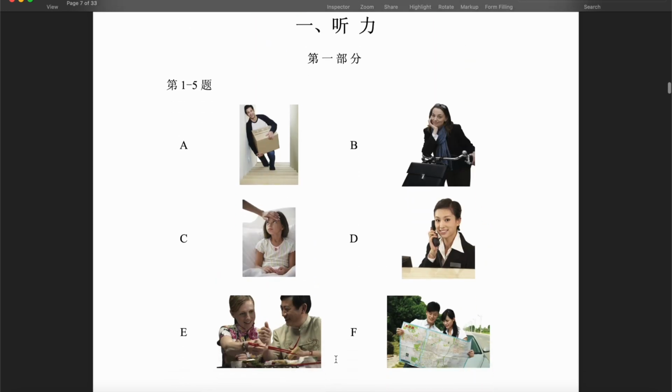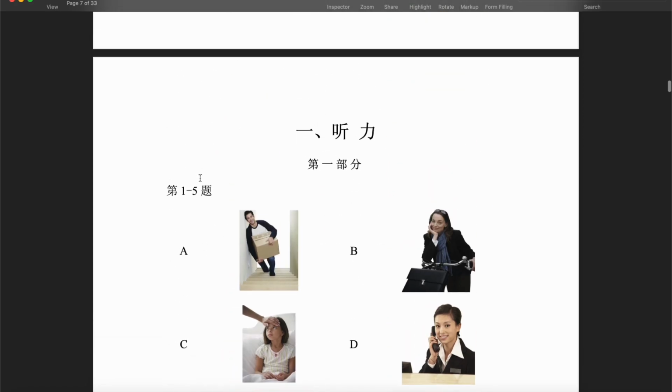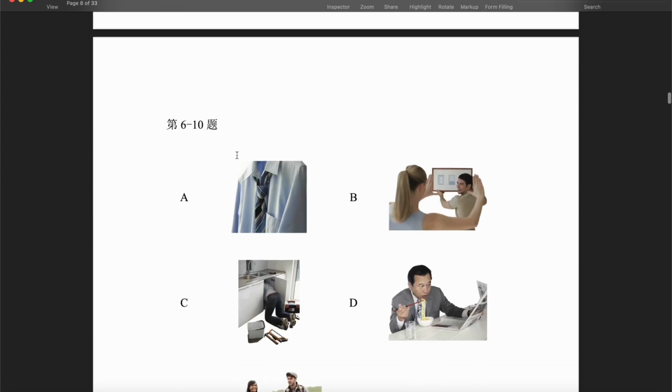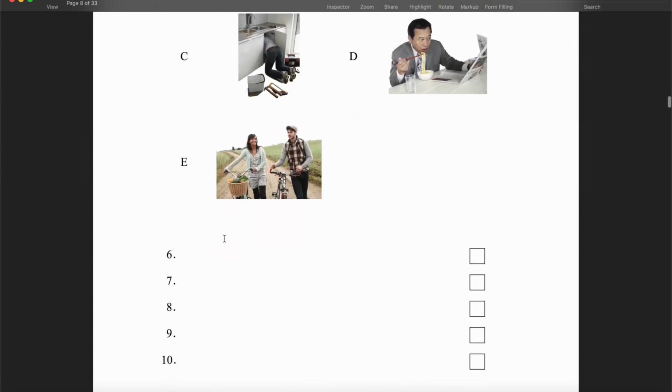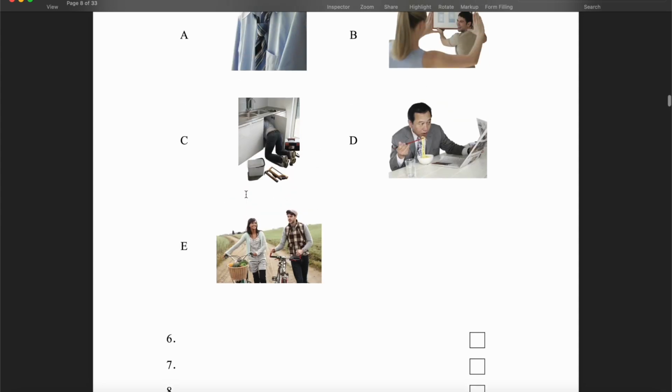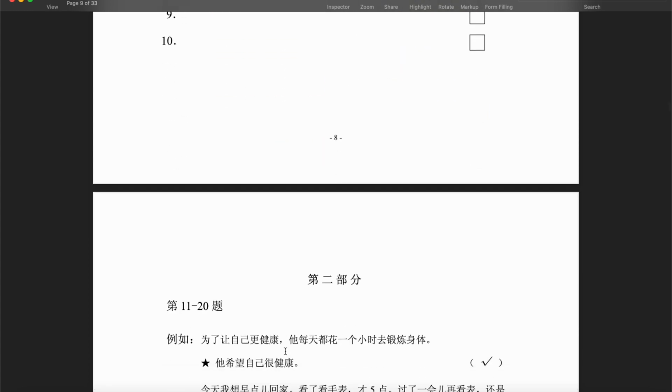In the first part, questions 1 to 10 are the same. As you can see, it's 1 to 5, and then again 6 to 10 is similar. So you listen to the dialogue or the sentence, and choose your answer accordingly. That was the first part of listening.